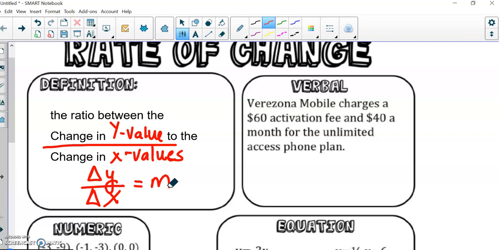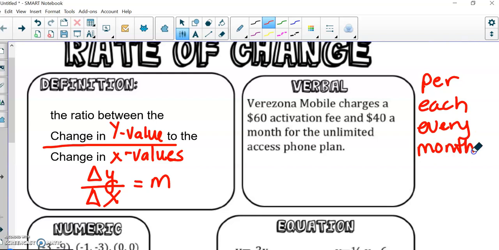When we're looking at a word problem or a verbal representation, we're going to look for some key words that are going to help us to identify what the rate of change is. Some key words for a verbal representation would be per, each, every, monthly or a month, and so on.